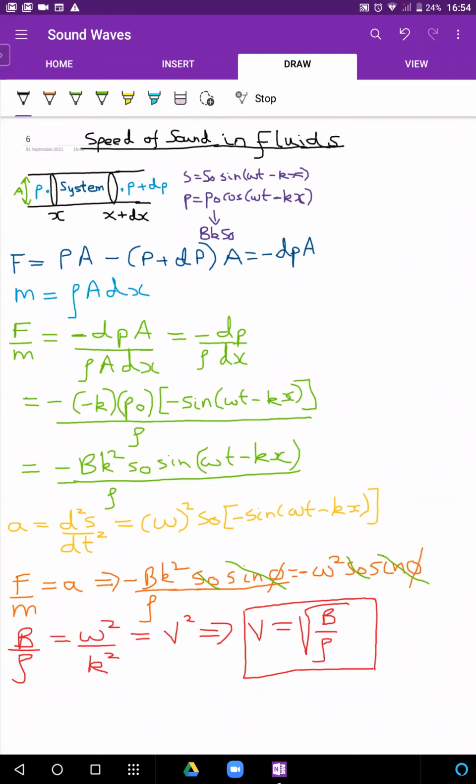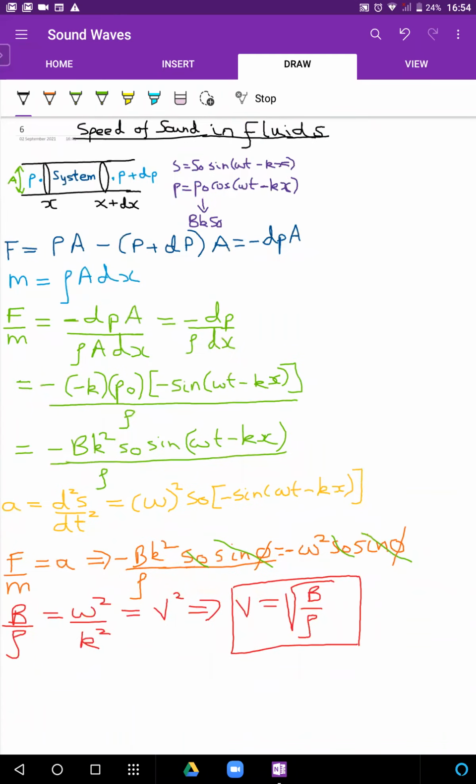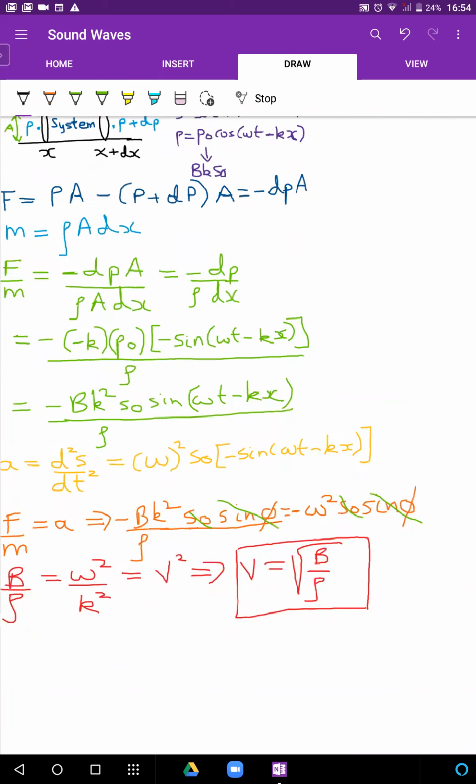I'll just add over here, maybe in the last line. So you understood this, just adding to this.